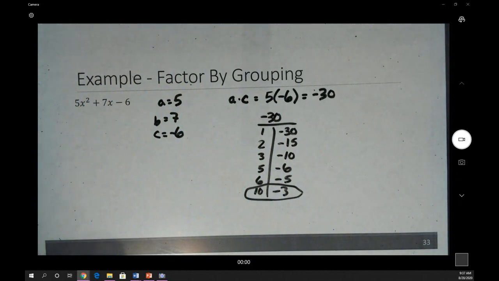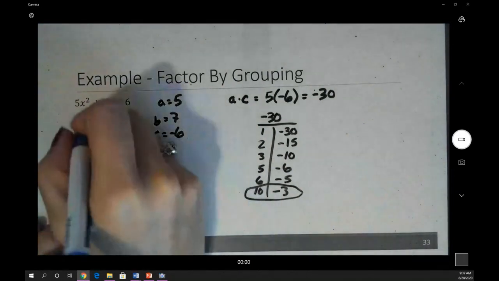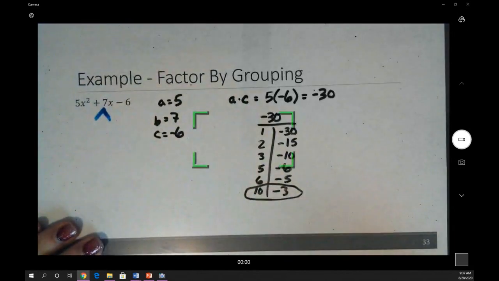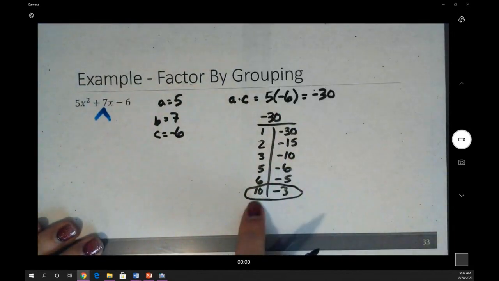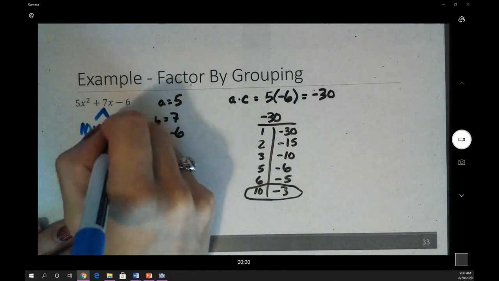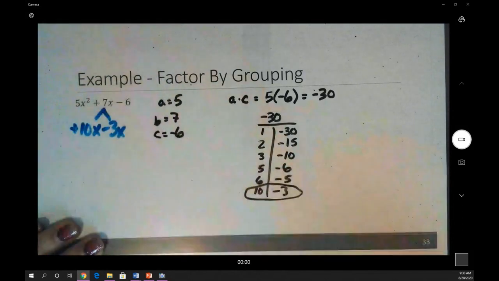This is when things go different. Since our a value is not 1, we need to take our middle term and split it into 2. That 7x is going to become a 10x and a -3x. So we have 10x minus 3x, and that was a positive 10x.